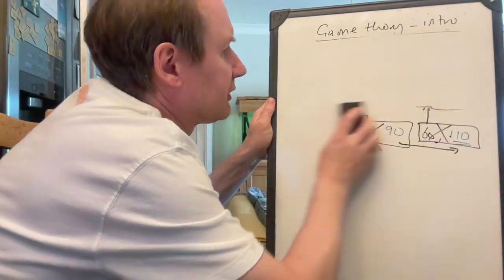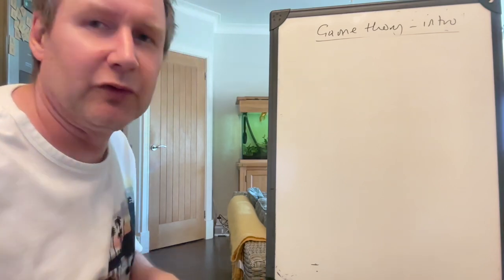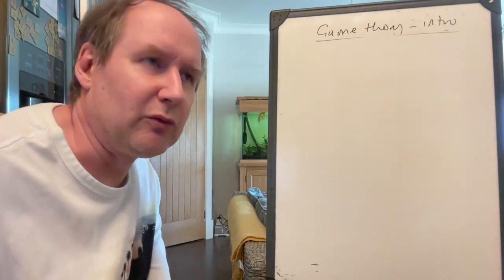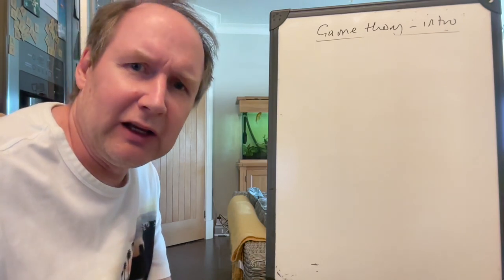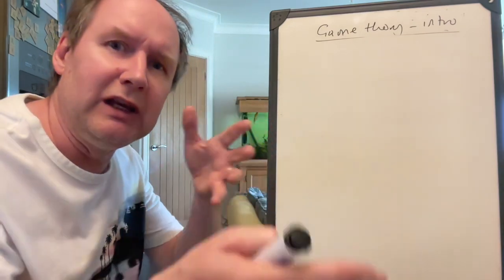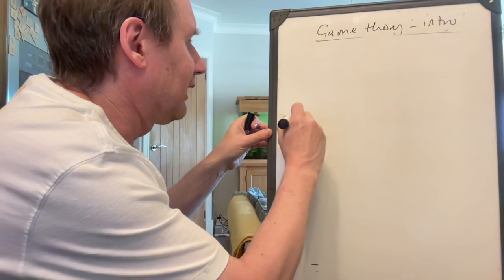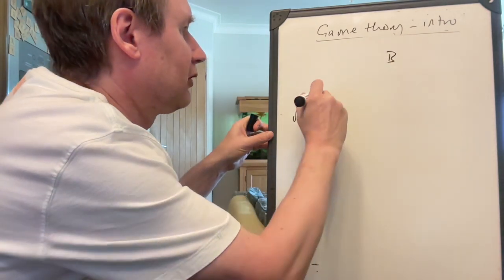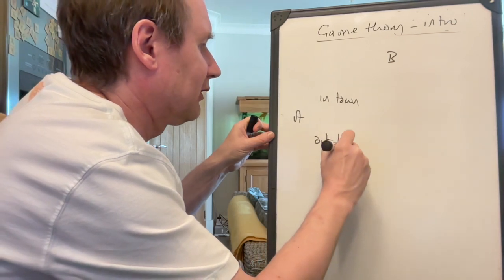And lastly, it's possible to have more than one Nash equilibrium. Imagine you have two firms where really they're linked to one another, like, I don't know, a bowling alley and a restaurant, and they're hoping that each one will benefit from the other. So here's player A, here's player B. We could be in town or out of town when we decide where to locate.